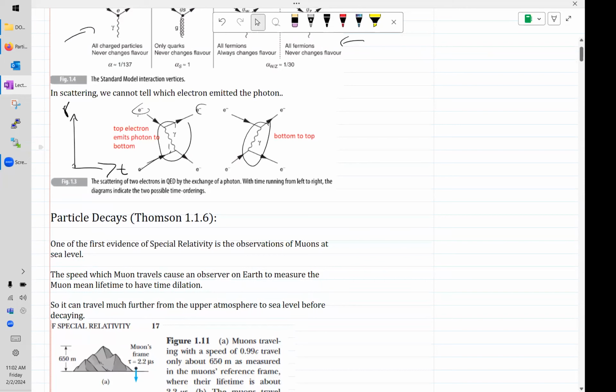But in processes such as particle decay, you are actually able to tell which order things happen in. So instead of linking these vertices vertically, you link them horizontally, because one vertex happens after another.